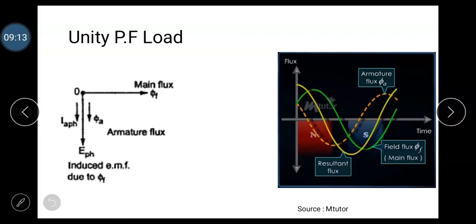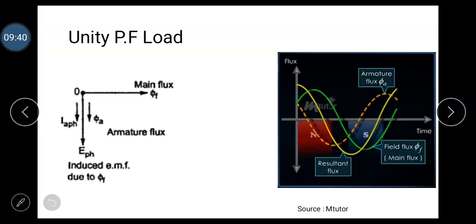Unity power factor. First we'll consider unity power factor. In unity power factor, it is a pure resistive load connected to an alternator, so it has unity power factor. The induced EMF, that is E phase, drives a current of IA phase. Here I have considered only the armature current IA phase, and the load power factor is unity.